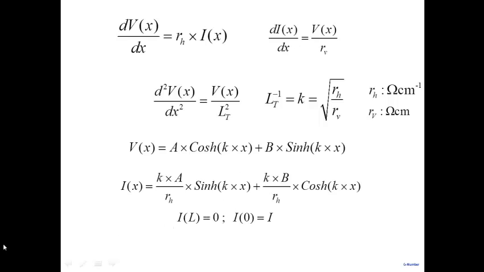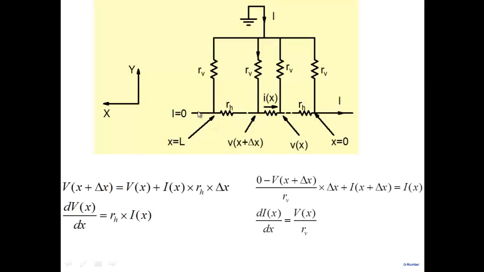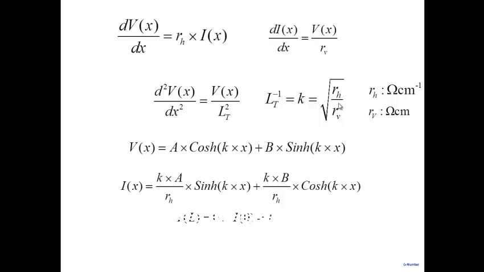The boundary condition is IL equal to 0. Remember, go back here: at this point, the current IL is 0, and I0 is I. So we put in the boundary conditions, IL equal to 0 and I0 equal to I, and then solve it out. With simple algebra we get Vx in terms of I0.